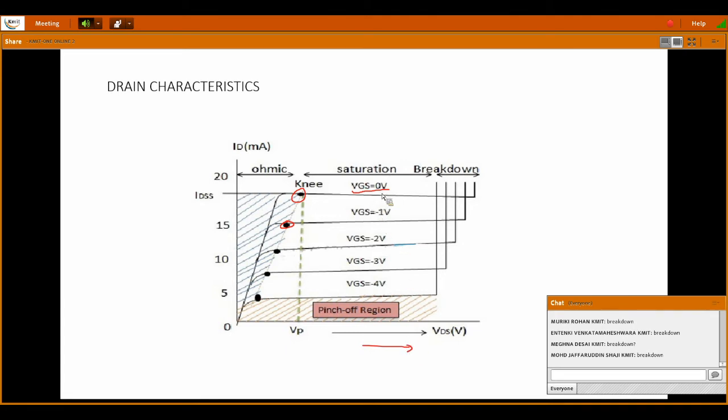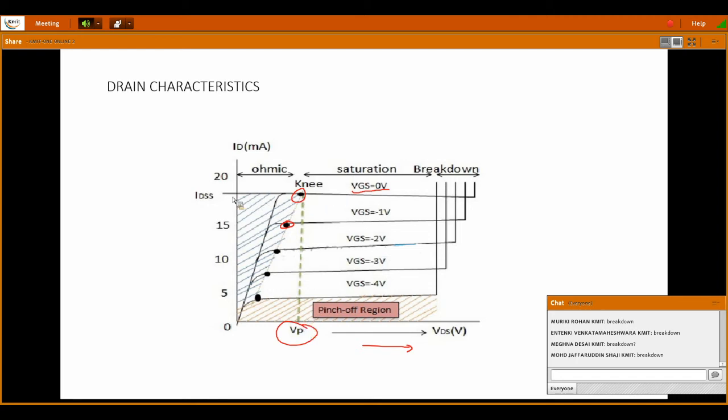I am increasing VDS, and VGS is still maintained constant. Still we have not given any amount of external reverse bias. Still we are increasing VDS, but a stage has come where the pinch off point has occurred. Okay, so this pinch off point. So how do you define pinch off voltage? The VDS voltage at which the drain current is maximum.